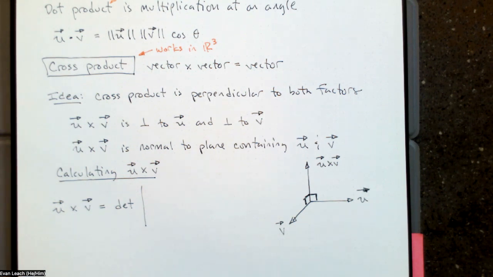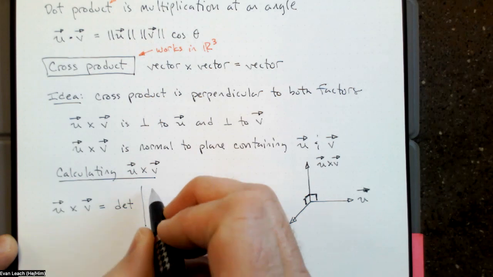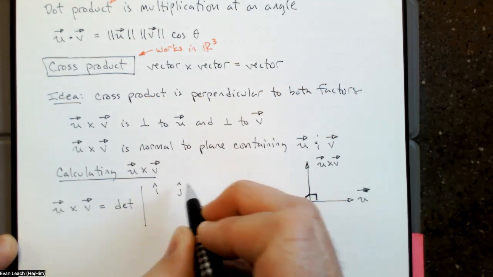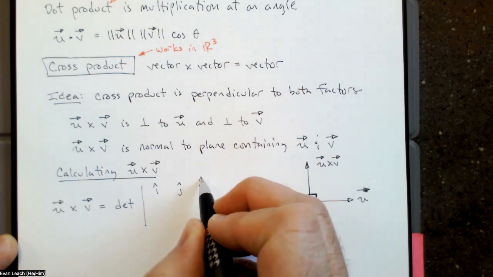So u cross v, the cross product of two vectors, is the determinant of a matrix, but a very specific matrix. On the top row of our matrix, we have i, j, and k.